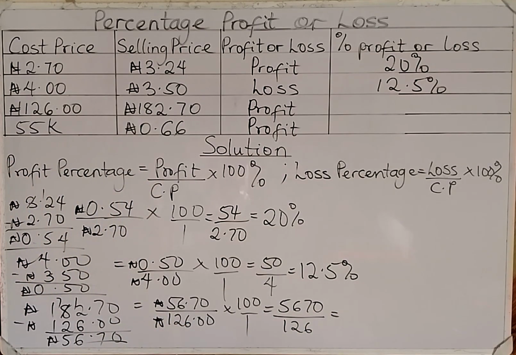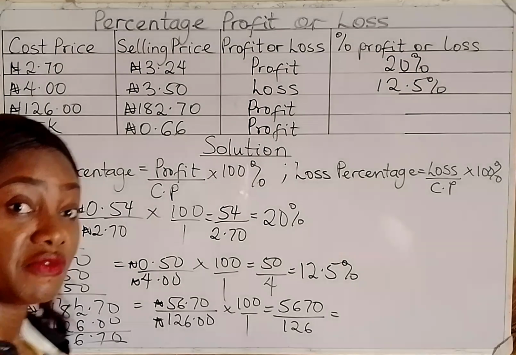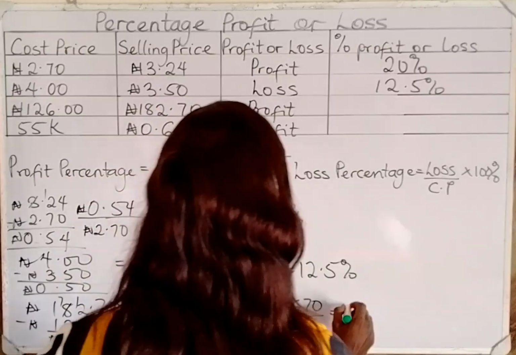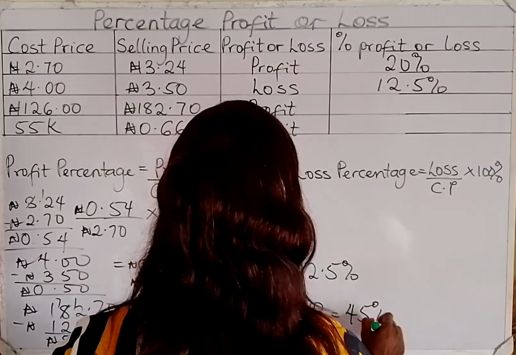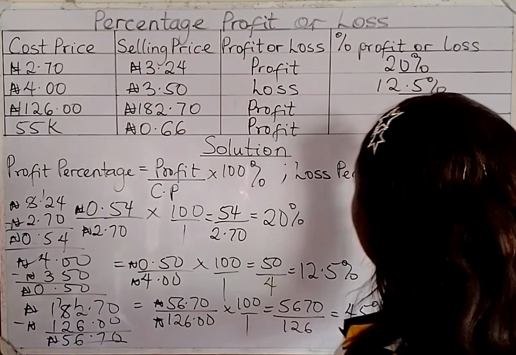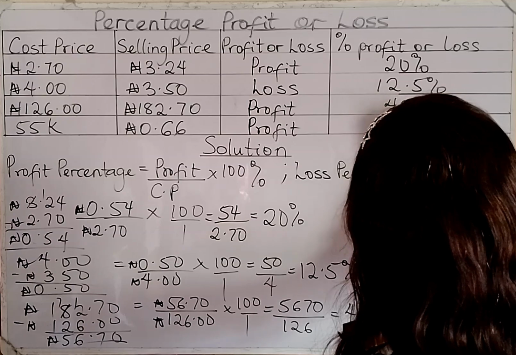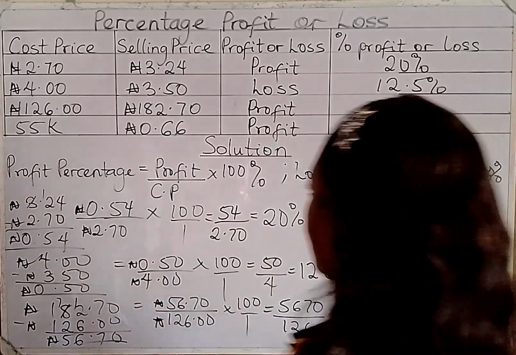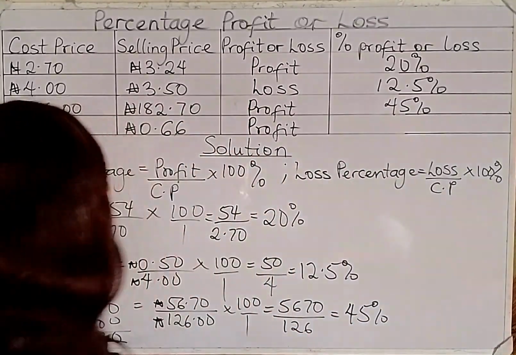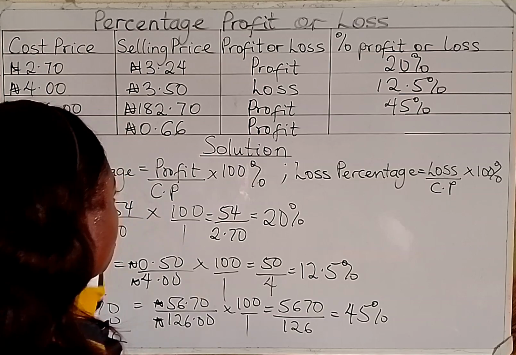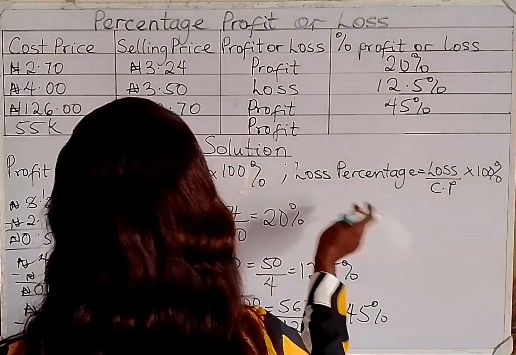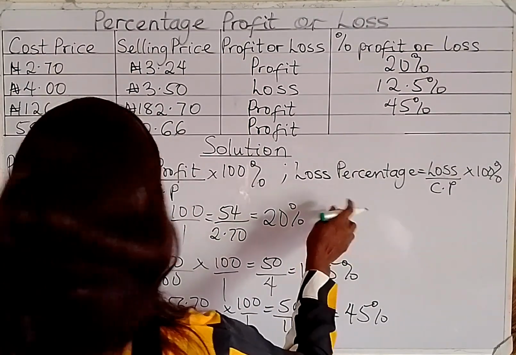So what is 5,670 divided by 126? That's 45%. So the person made a whopping profit of 45%.